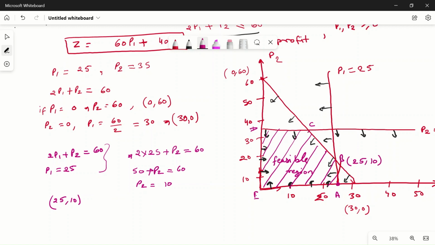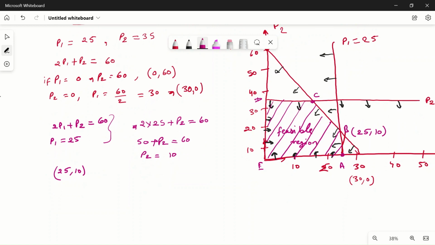Similarly, at point C, we can say that this line 2p1 plus p2 is equal to 60, and p2 is equal to 35 are intersecting. So if we put the value of p2 in this equation, then we get 2p1 plus 35 is equal to 60.